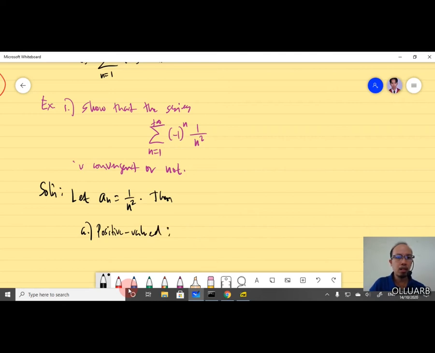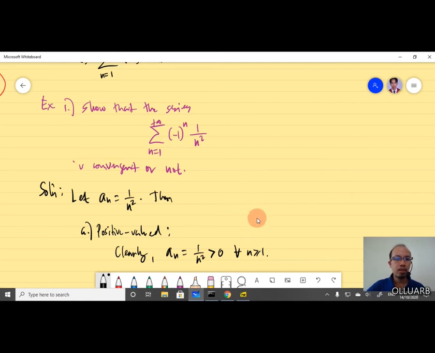Clearly, a sub n which is equal to 1 over n squared is always greater than 0 for all n greater than or equal to 1. Remember that in our given, our index starts at 1.